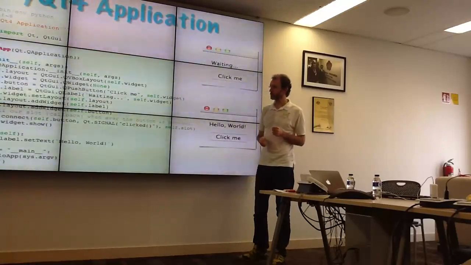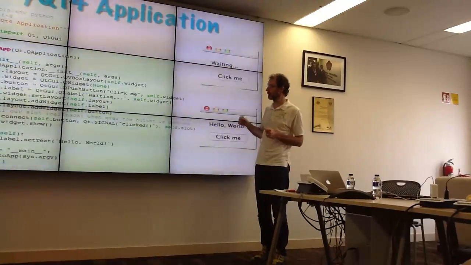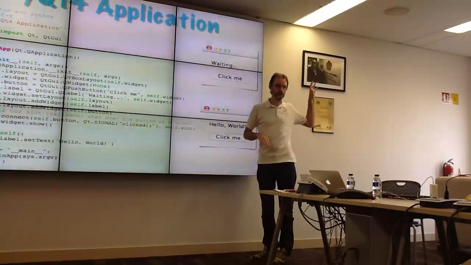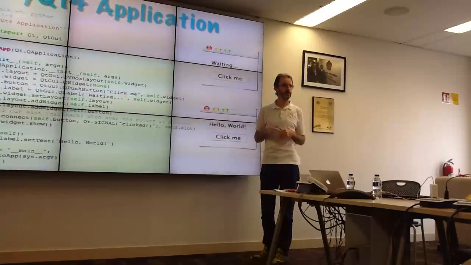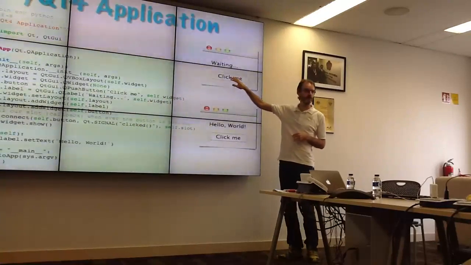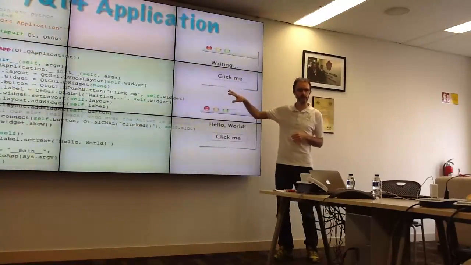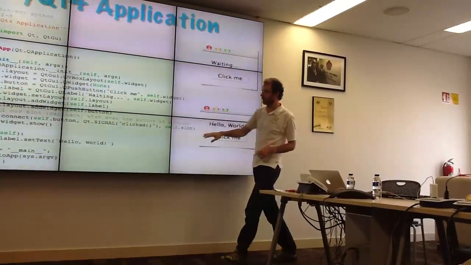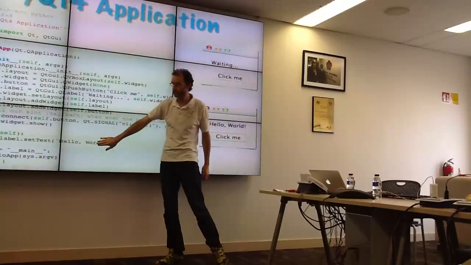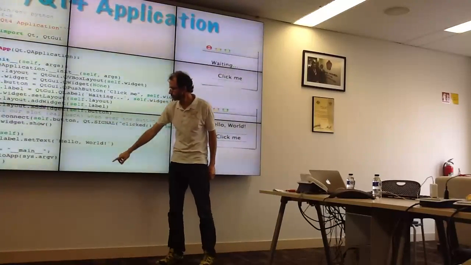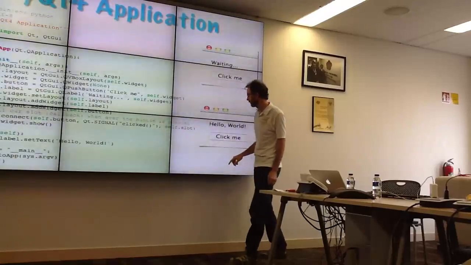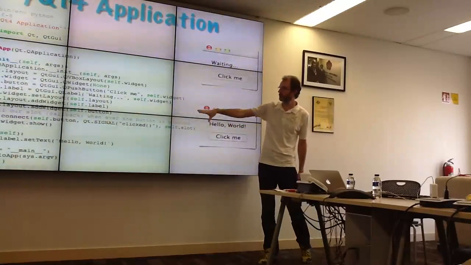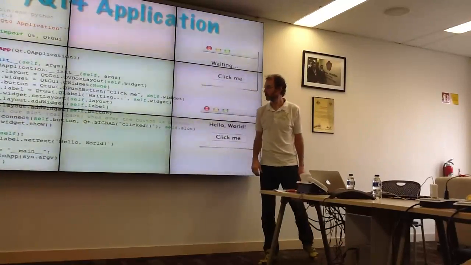So when you want to have asynchronous events happening, you can say, when I click this button, then go off and handle that event. There's an event loop that runs in Qt. The event loop is listening for different events, and then it dispatches them to the right function. So when I click on this button here, this callback, this slot is called, and it changes the text of the label to Hello World, just by clicking on that. It's very little programming you need to do in order to get that in place.